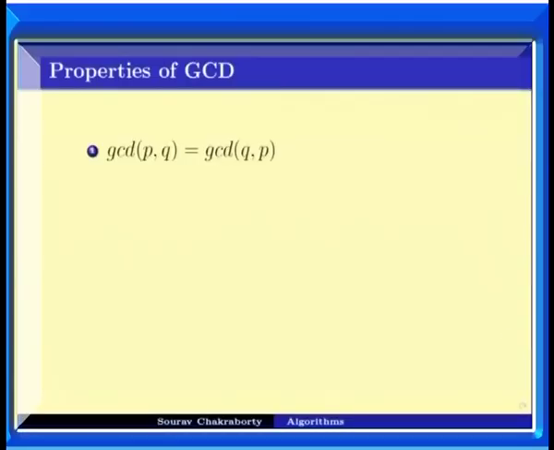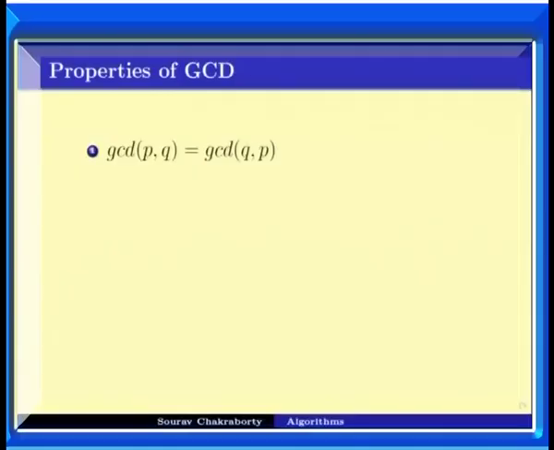In the earlier lecture we had talked about the properties of GCD. Most of them are obvious. For example, the GCD of p and q is equal to the GCD of q and p. If a number divides both p and q, then it also divides both q and p. The ordering does not matter.